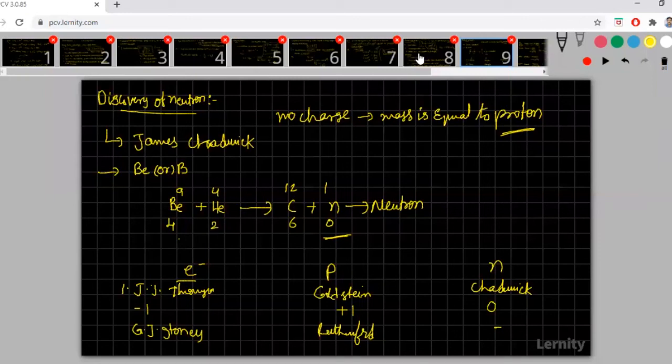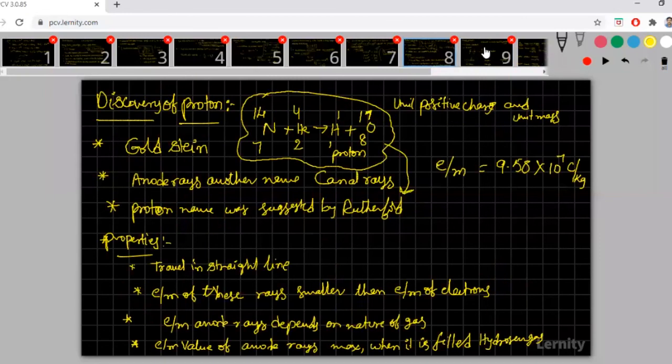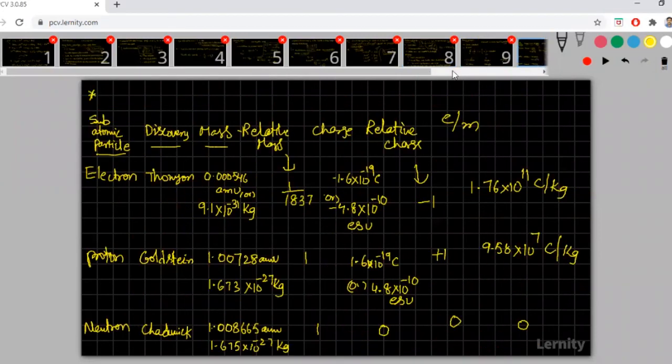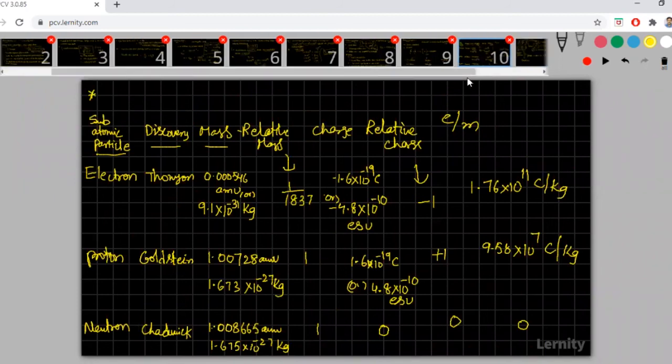Okay, next slide. Discovery of proton, discovery of neutron, and next. This is the slide for the relative comparison: electron, proton, neutron.